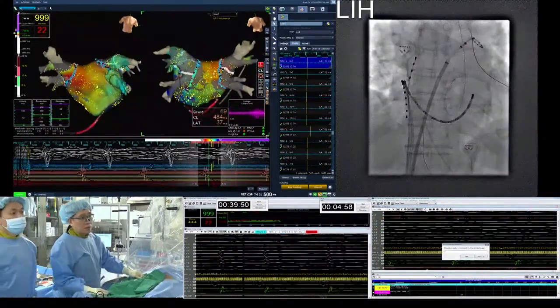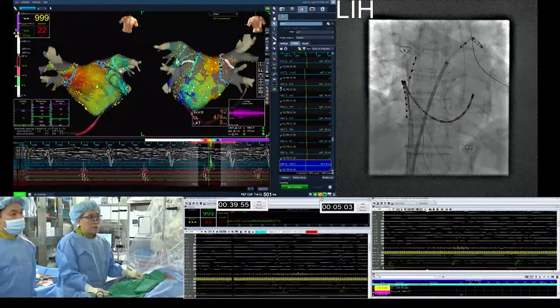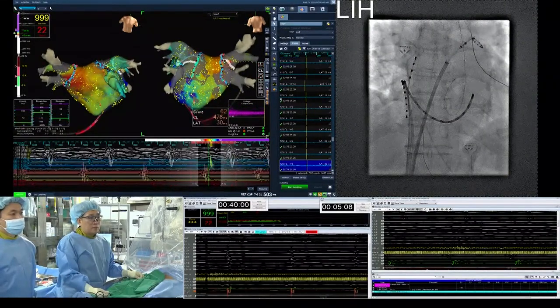It is hard to differentiate the remaining far-field appendage potential inside the pulmonary vein.